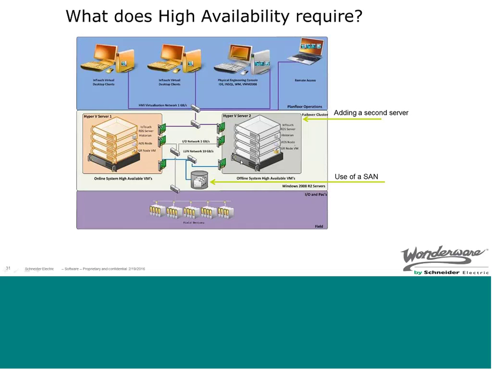Both physical servers share a storage area network. It's a storage array, and both these servers can access basically the same operating systems, the same virtual machines that are running on the storage array. And these have redundant drives as well, so there's redundancy built into the SAN.